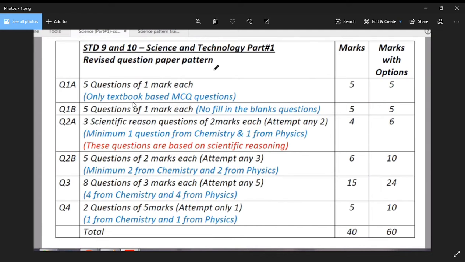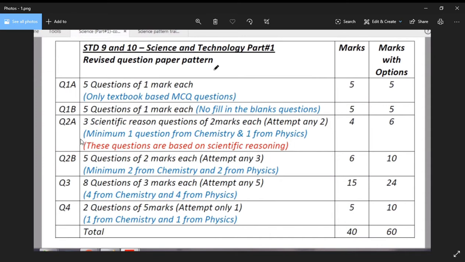Question 1B has 5 questions of 1 mark each. There is no fill in the blanks question. It means that question 1A and B together carry 10 marks. There is no option for this question.